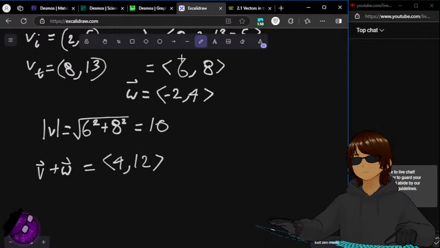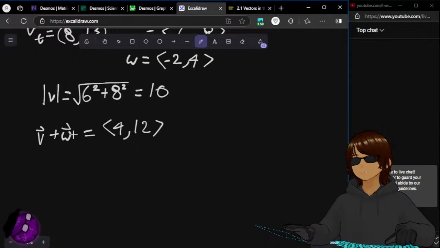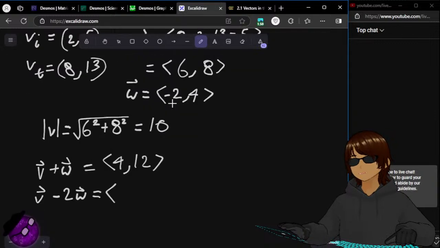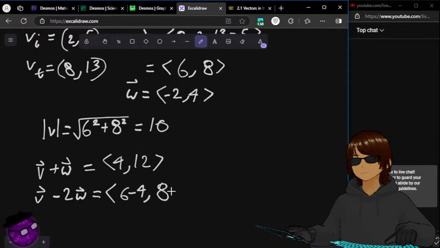Then v minus 2w is 6 minus -4... then 8 minus 8. 2 and 0.